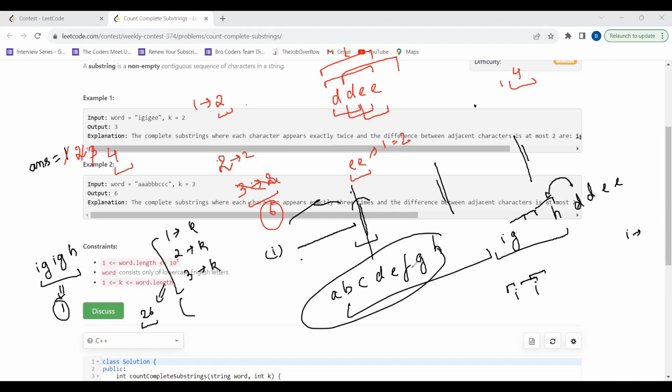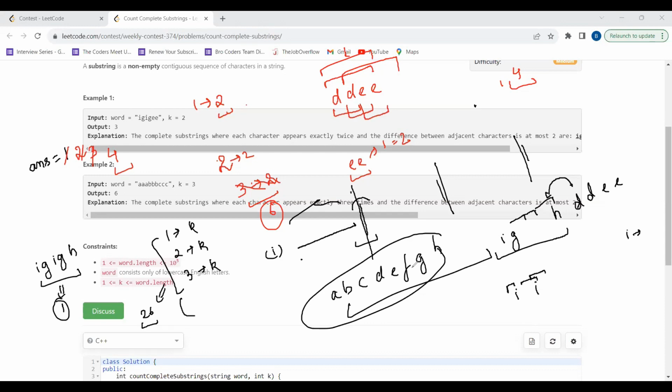It is a very classical hashing or sliding window problem that you can do by yourself if you have some awareness about sliding window and hashing. And for hashing, you don't need to use any unordered map or ordered map. You can simply use a simple array, because here the number of characters is fixed.